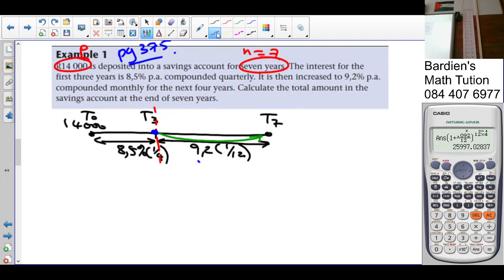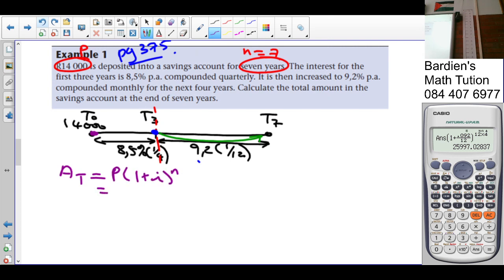But they can go straight and say, okay, A total is going to be, you're going to consider this 14,000 Rand. The only time we break on time is when we look at a change in interest rate, which is the case here. So you got 14,000 Rand. A is equal to P into 1 plus i to the exponent.